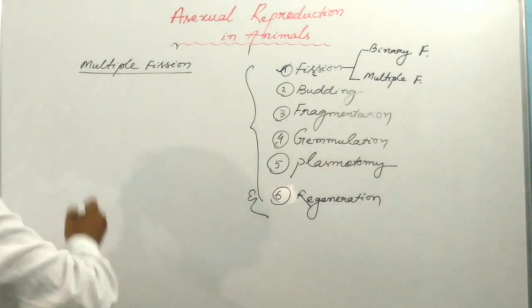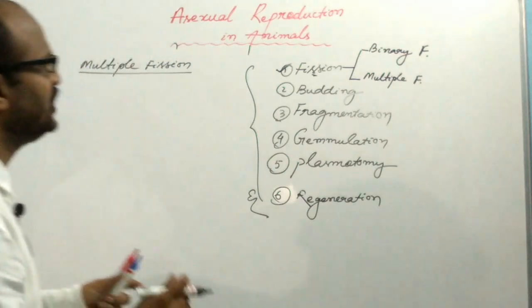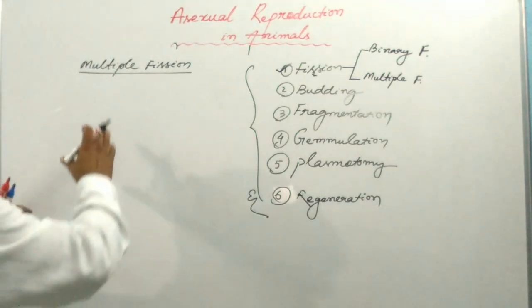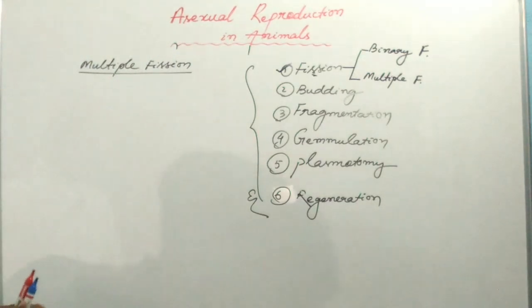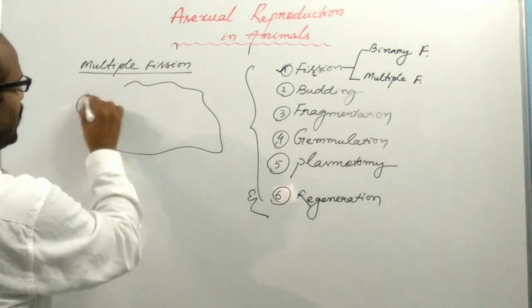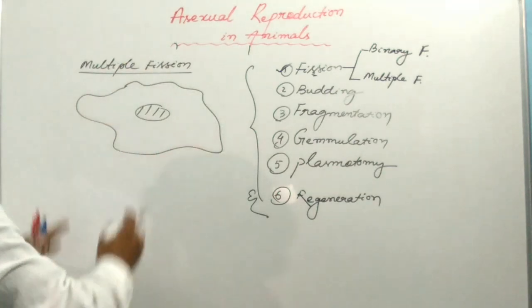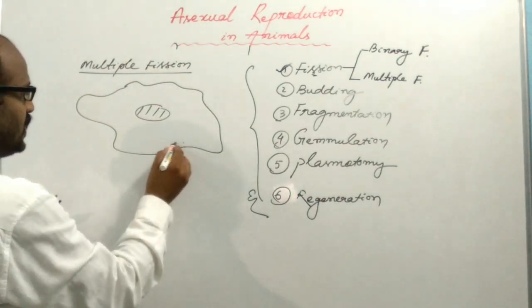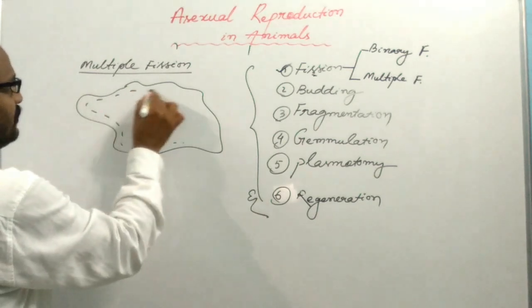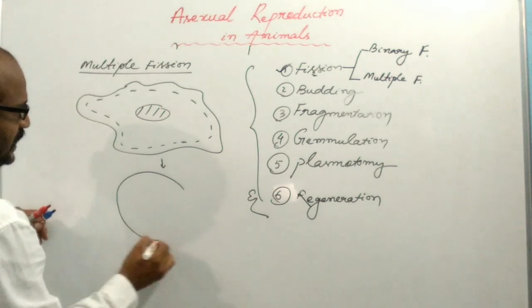When the environmental condition is adverse, in unfavorable conditions, amoeba reproduces by multiple fission. In this condition, first the amoeba withdraws all pseudopodia, becomes inactive, and becomes spherical in shape.